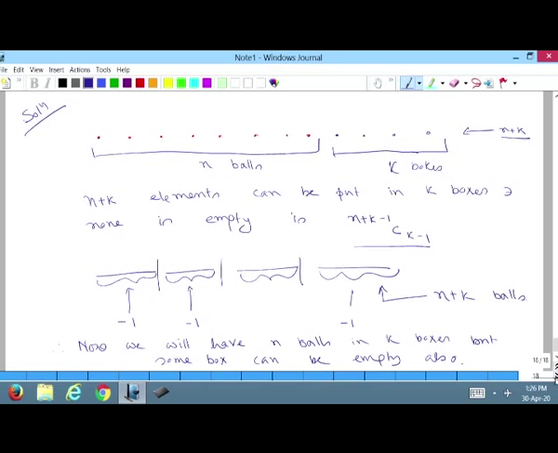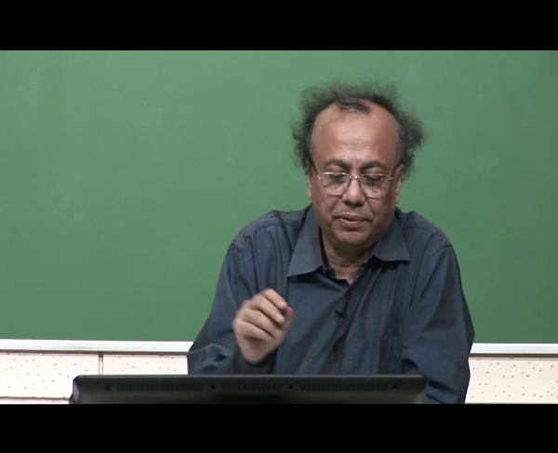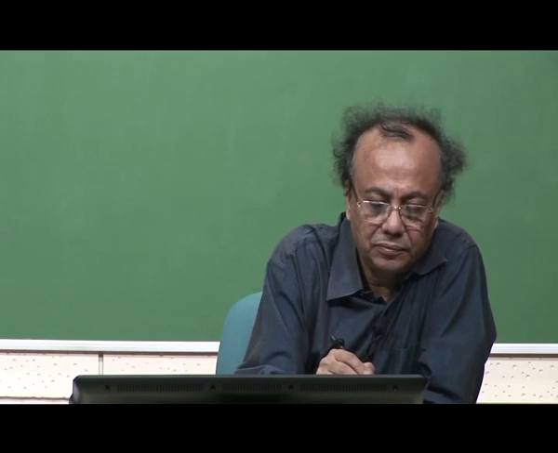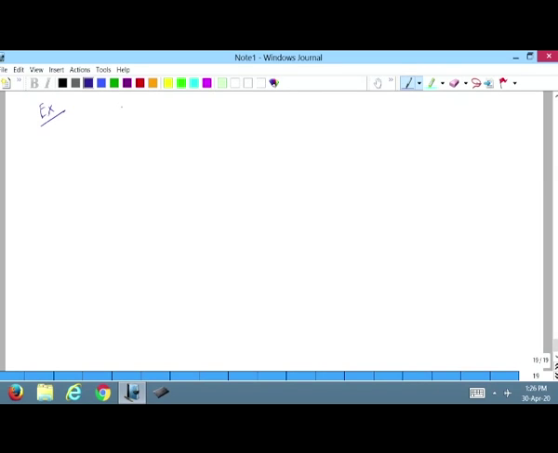So, let me give you a small example. Say 3 balls and 2 boxes. We know that the solutions are 0, 3; 1, 2; 2, 1; and 3, 0.